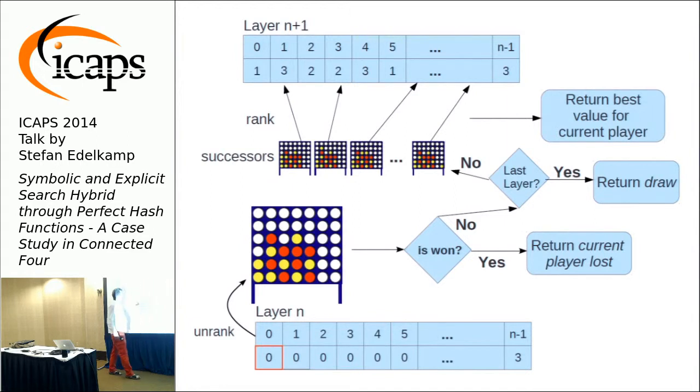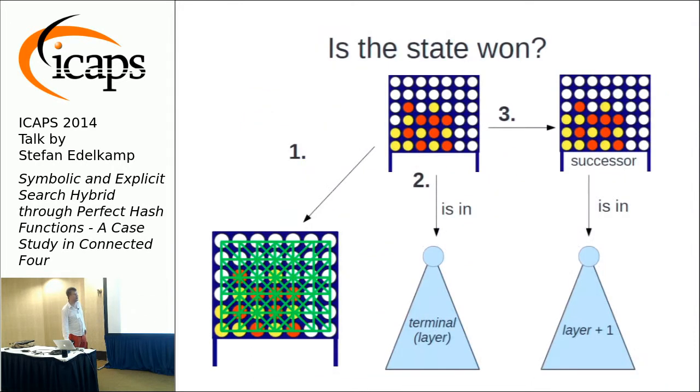Otherwise, we make children, and the children in the next layer are checked for their classification value. So you unrank, make babies, and then rank again. And for the ranking, you look for the values, and if all successors are lost, you are lost, and so on, as it is usually in retrograde analysis.